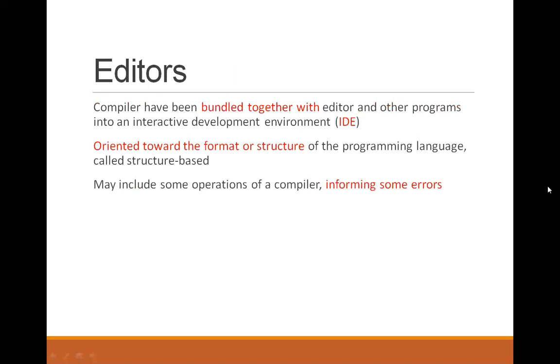In a programming language, we have something called an interactive development environment or IDE. Each programming language has its own IDE. In our last chapter of paper 2, we studied the different features of an IDE as well.